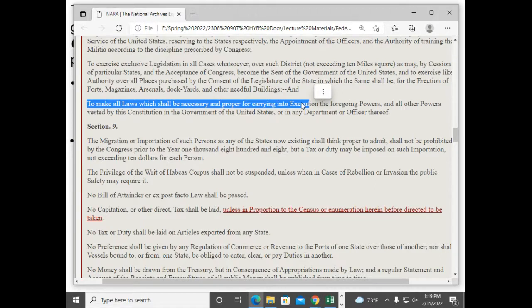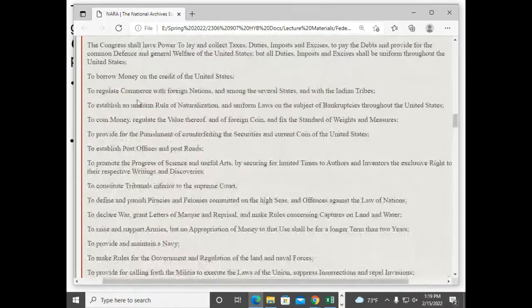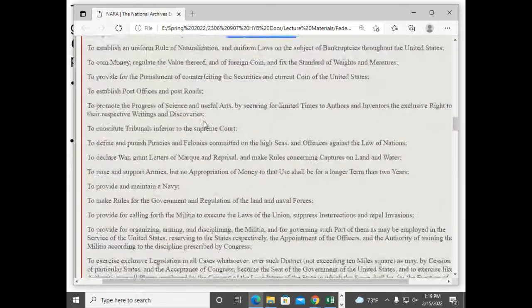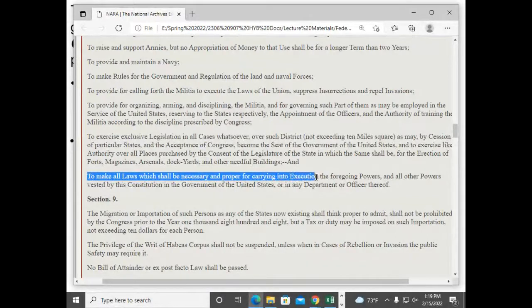Well, when a couple of cases in 1964 went before the United States Supreme Court, they settled on this. Congress has the power to regulate commerce among the several states. And if Congress has the power to regulate commerce among the several states, it also has the power to make all laws which shall be necessary and proper for carrying to execution its power to regulate commerce among the several states. You see, people travel across the Georgia state line to check into the Heart of Atlanta Motel. That's interstate commerce.